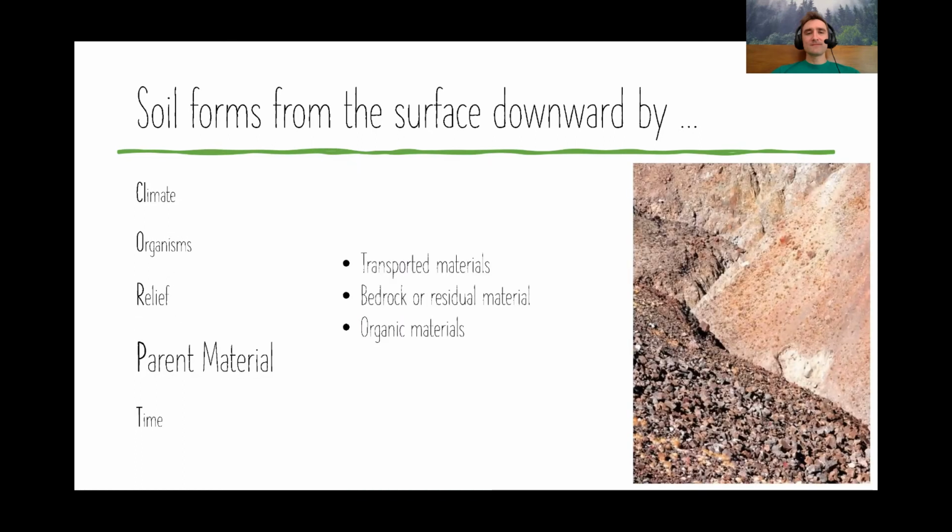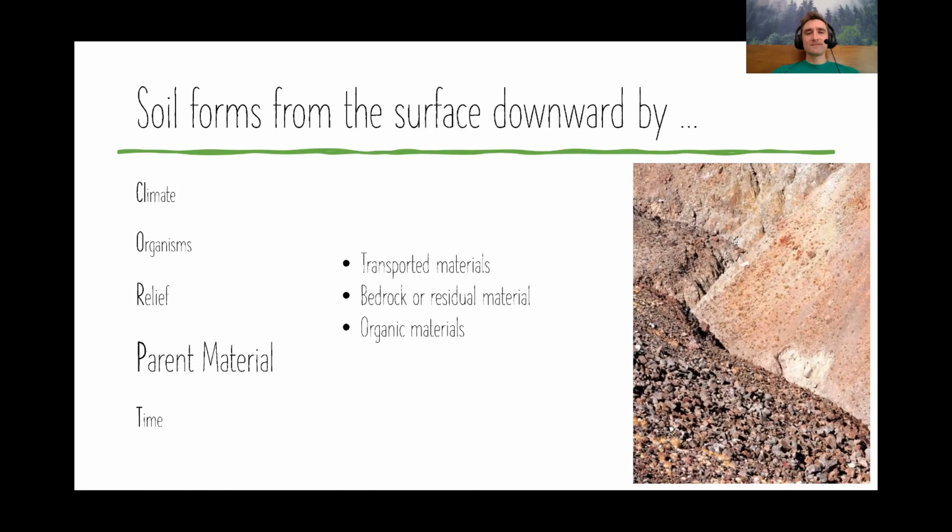Now, if we look at the parent material, there's many things to consider. We know that weathering of parent material forms the mineral component of our soil. And yet, how did that parent material get there? Well, it can be from the rock below, so it could have just kind of always been there.